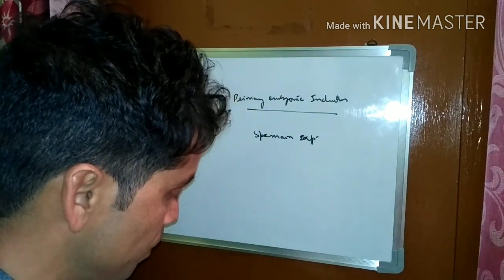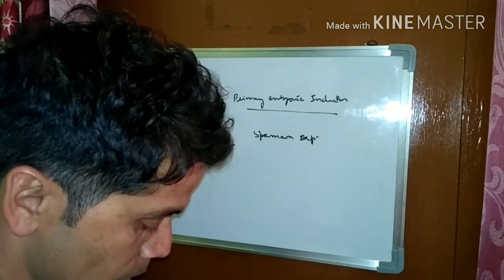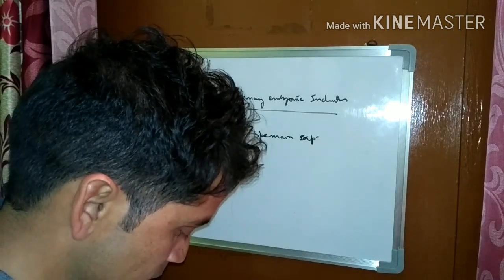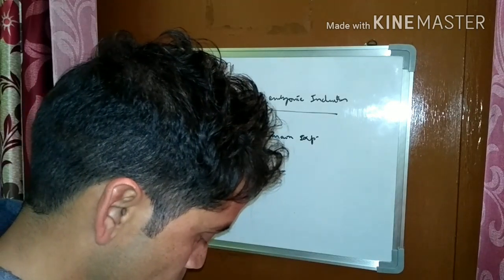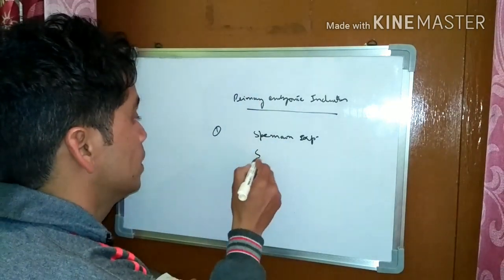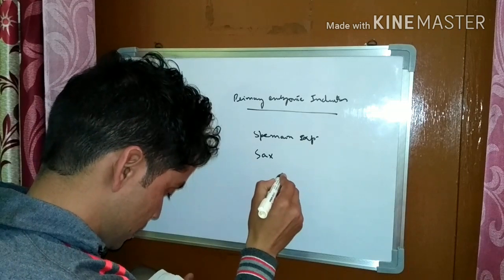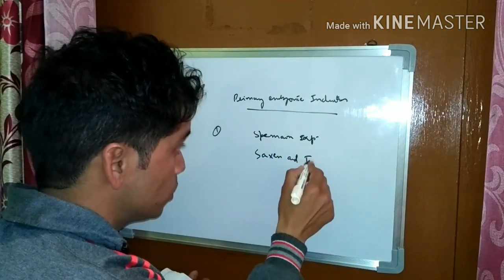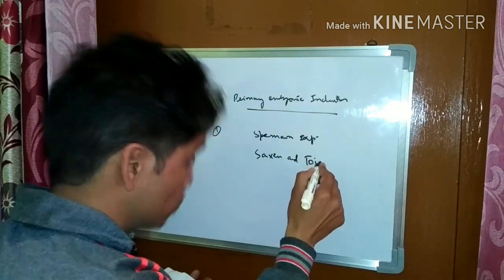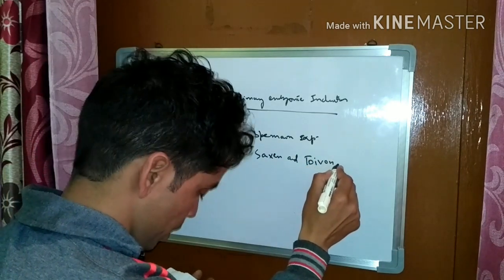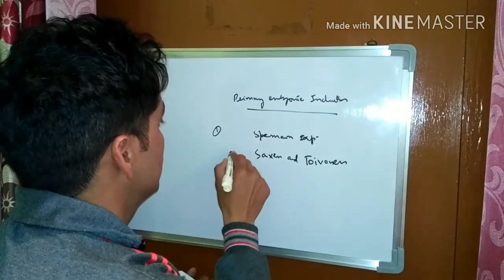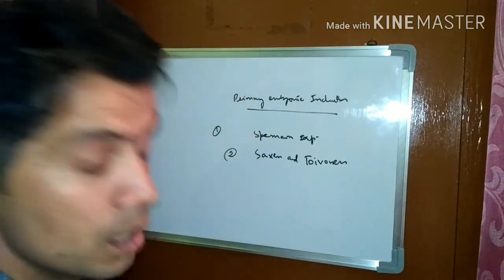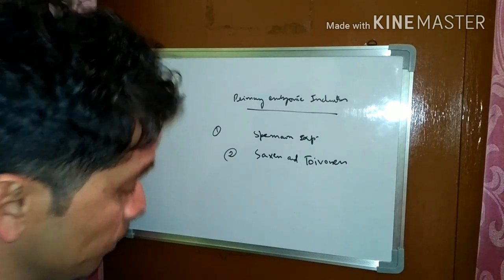After that, another experiment, Saxon and Toivonen. The Saxon and Toivonen experiment gives the regional specificity of primary embryonic induction.